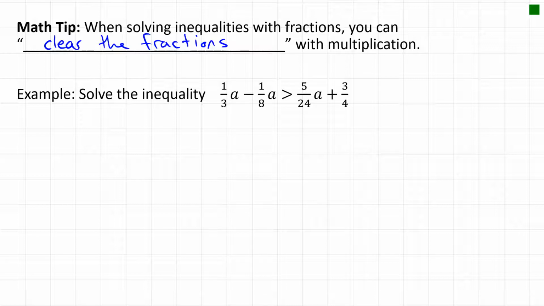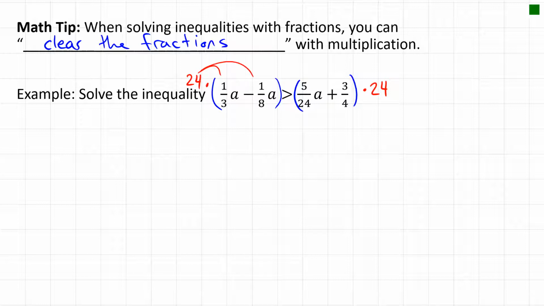But we just multiply everything in the equation, everything on each side, by whatever it is that eliminates the denominators. So in this case, we have to multiply by 24 because that will clear the denominators on the left-hand side. And if we multiply by 24 on the right-hand side, it will also eliminate the denominators.